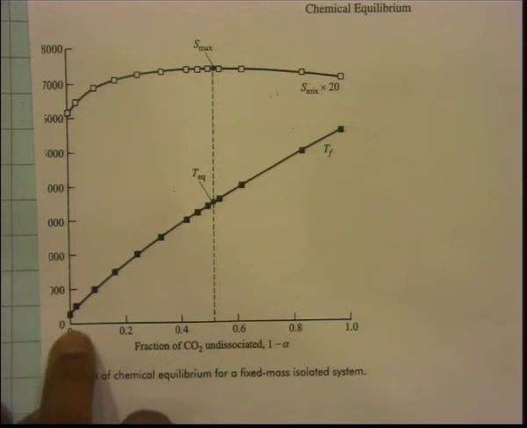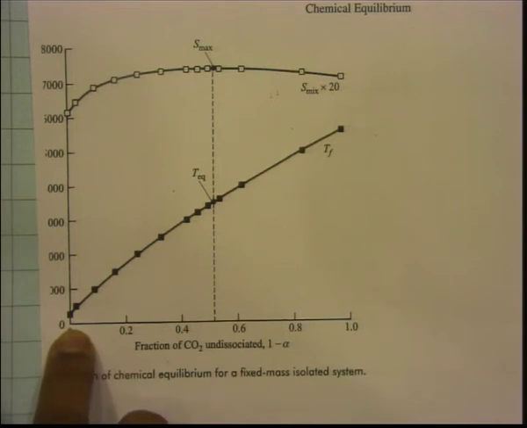So, 1 minus alpha equal to 0 means alpha equal to 1, that means all of it has dissociated, that means there is only CO and oxygen, that means it is the original reactants, correct. All of CO2 has dissociated, so you get the original reactants.